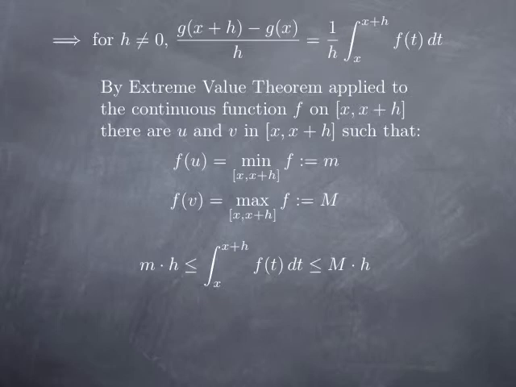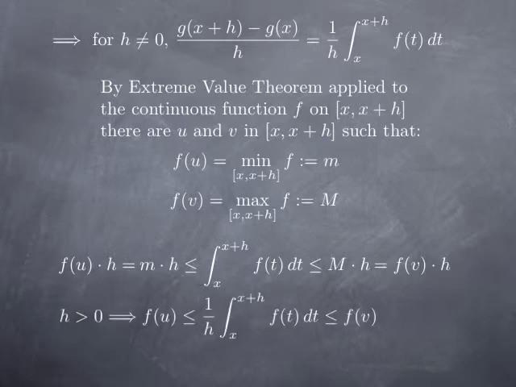Here we're assuming that h is positive, but this is only for the sake of argument. Little m is just f of u, capital M is f of v, and if h is positive, we divide by h and we obtain that this expression, 1 over h multiplied by the integral from x to x plus h of the function f, is between f of u and f of v.